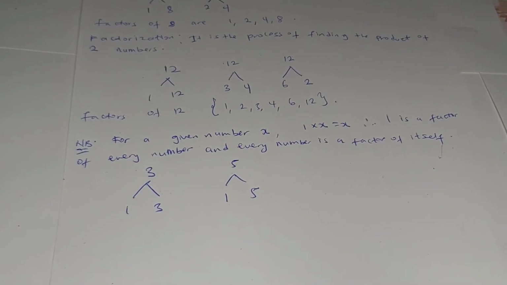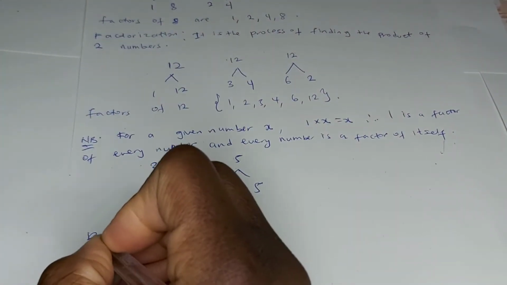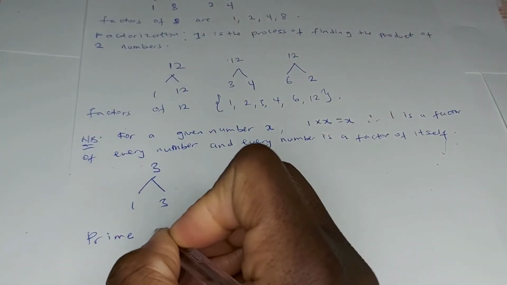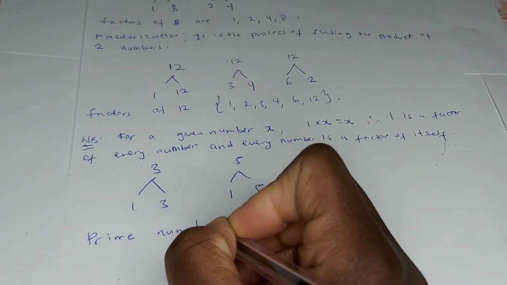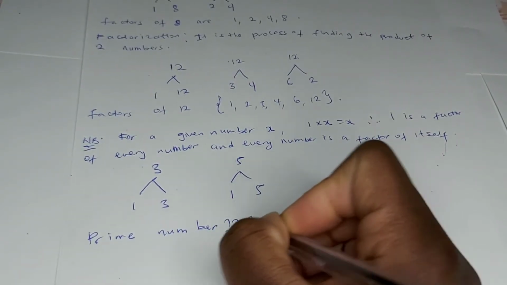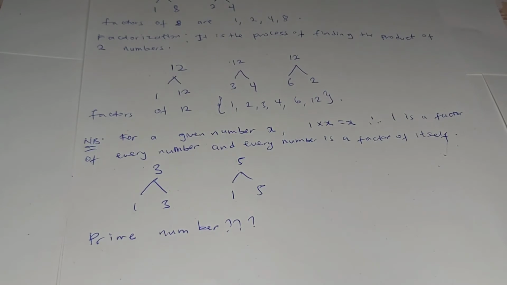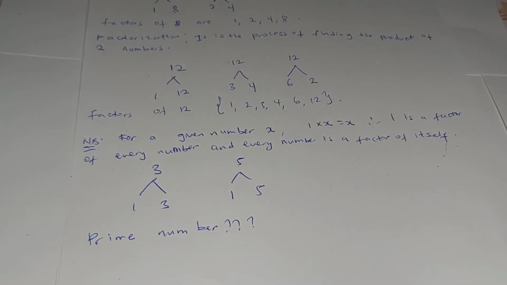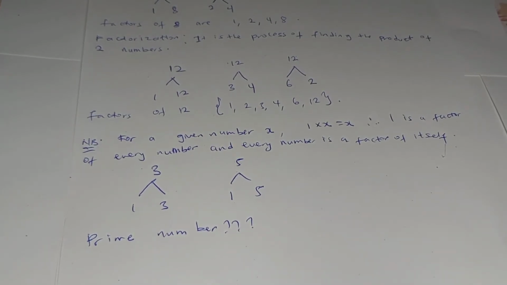What is a prime number? A prime number is a number that has only 2 factors: 1 and the number itself.